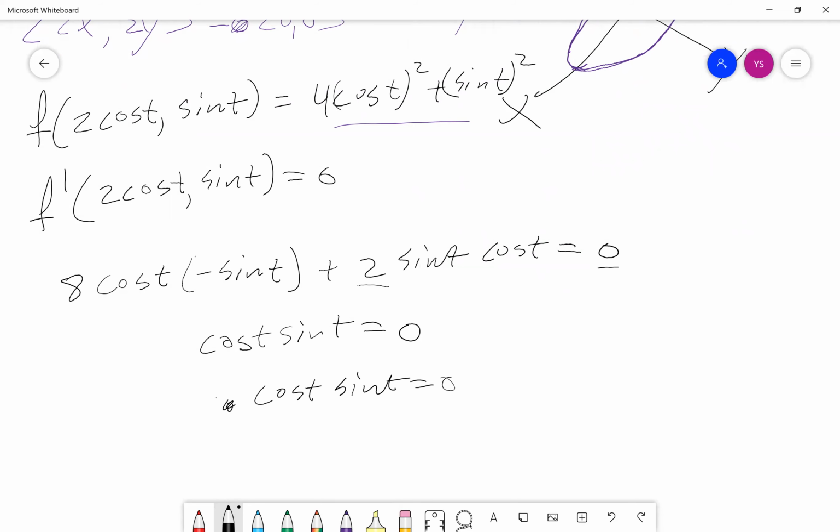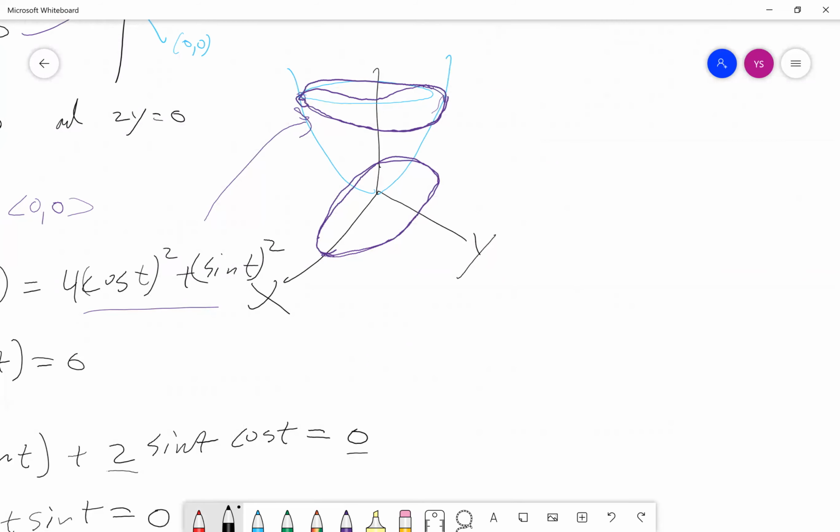So where are our critical points? Well, there are these 4 points over here. This point over here, at this point cosine is 0, sine is 1, so we get 0. This point over here, sine is 0, cosine is negative 1. This point over here, sine is negative 1 and cosine is 0.